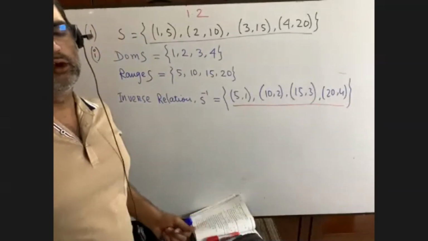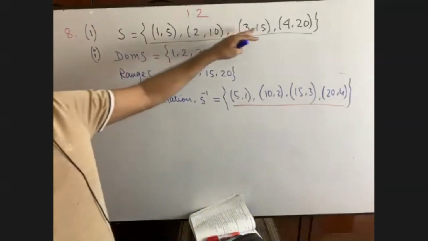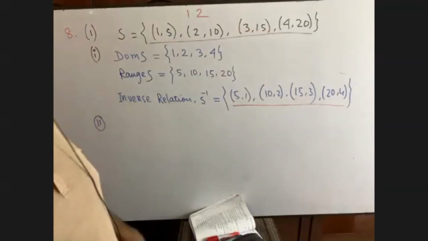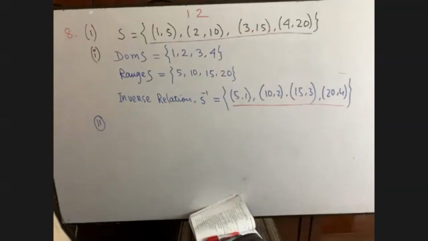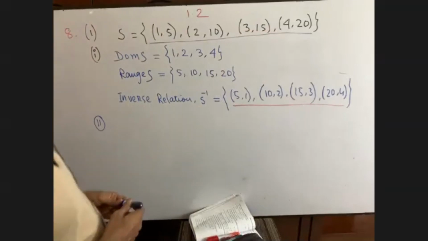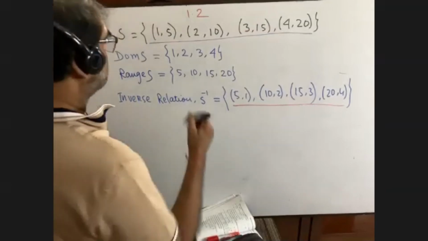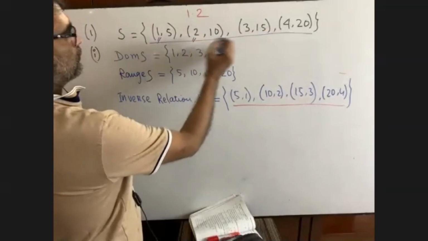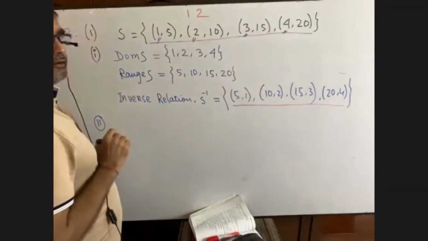It is my question to you. You see, to determine whether it is a function or not, you have to give emphasis on the first elements. Here the first elements are 1, 2, 3, 4. They are not repeated.